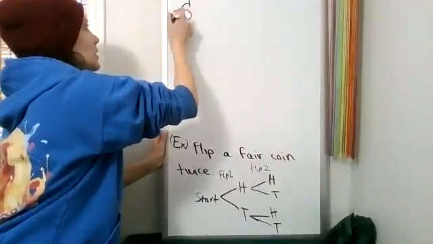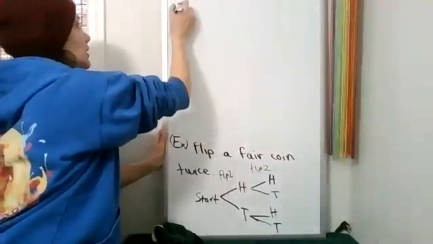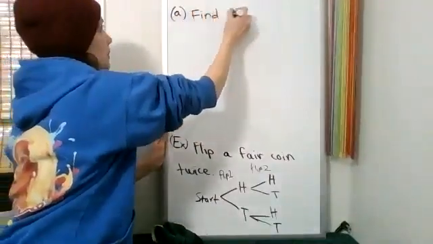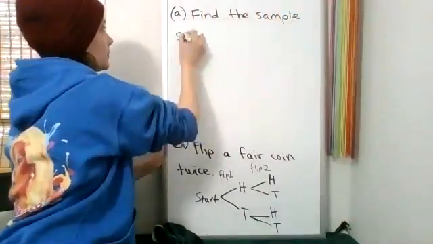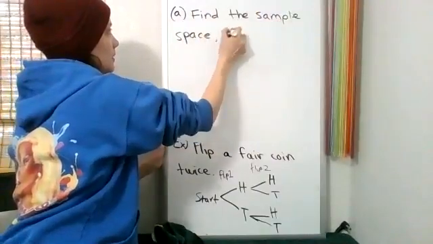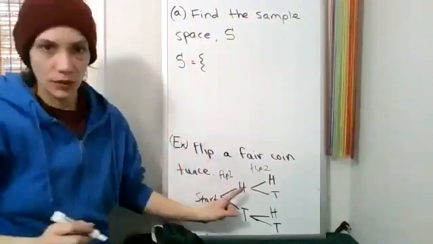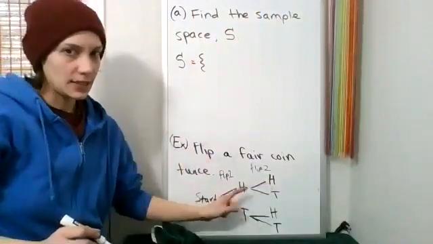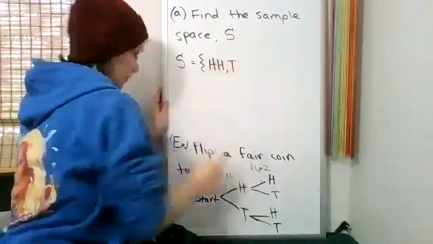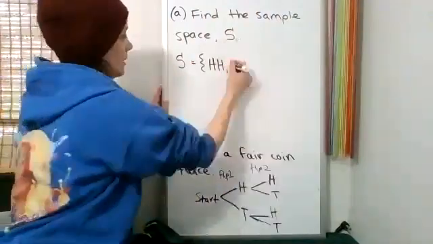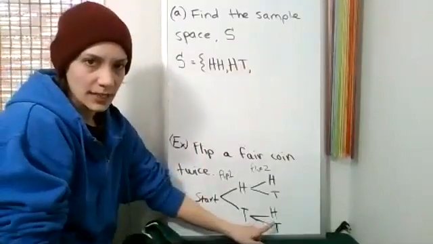S. Find the sample space. S. So you could get heads then tails, H, H, H, T. Or you could start with tails and then heads.